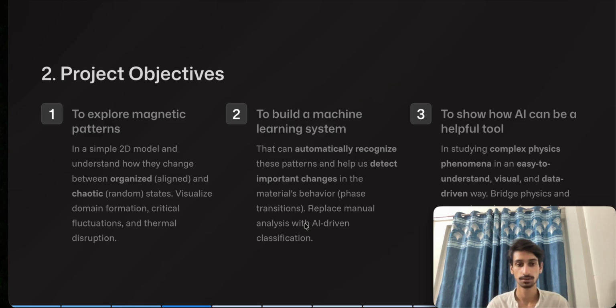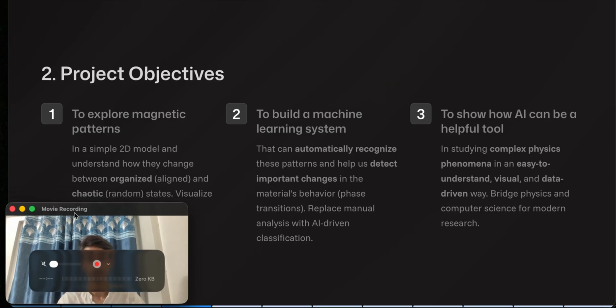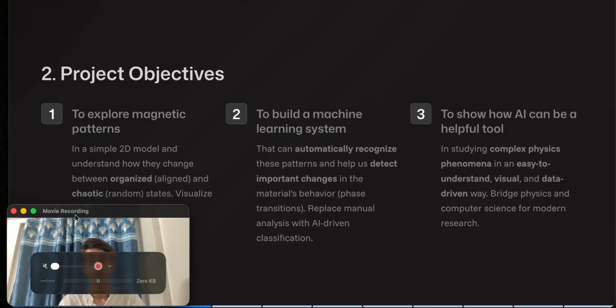The third objective is to show how AI is a helpful tool. This project highlights AI's role in simplifying complex physics through visual, data driven methods, so no equation is needed, by bridging physics and computer science, which is the CNN here.